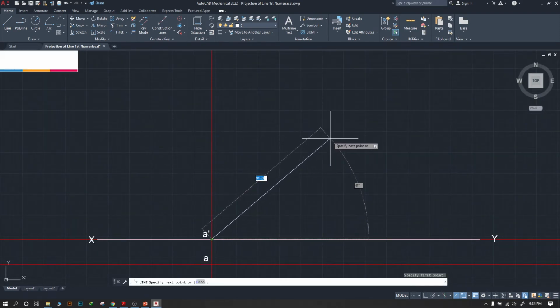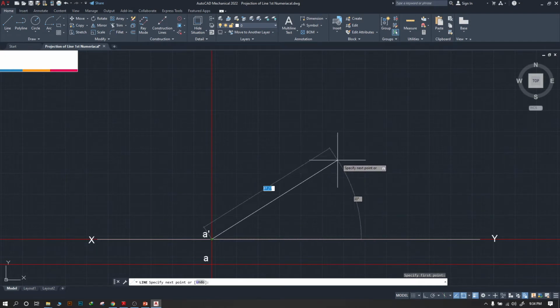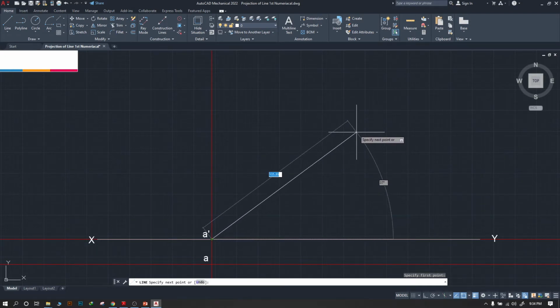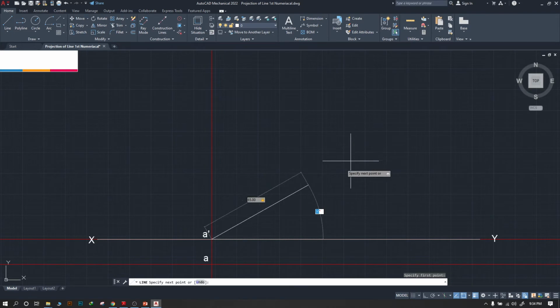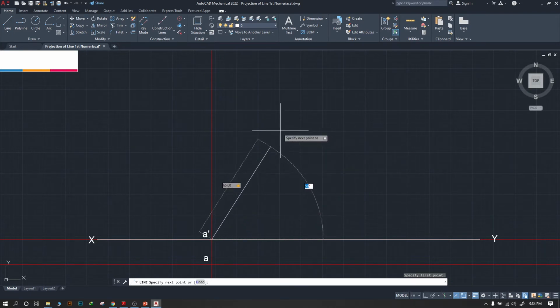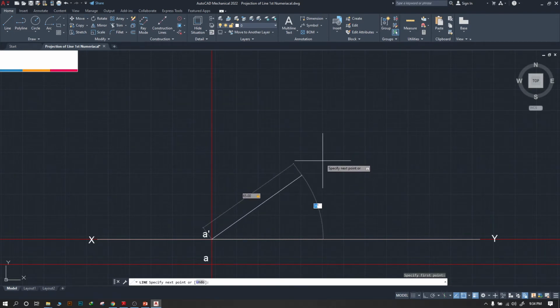As polar tracking is on, while drawing the line we have the guide with us. In blue color the length of the line is mentioned, so I mark here 65. Before entering the 65 length, just press the tab button so that the 65 length gets fixed on the line, and then we will mark the angle.